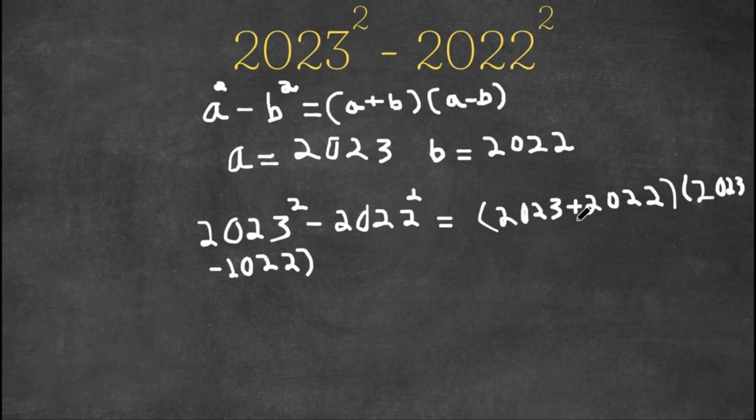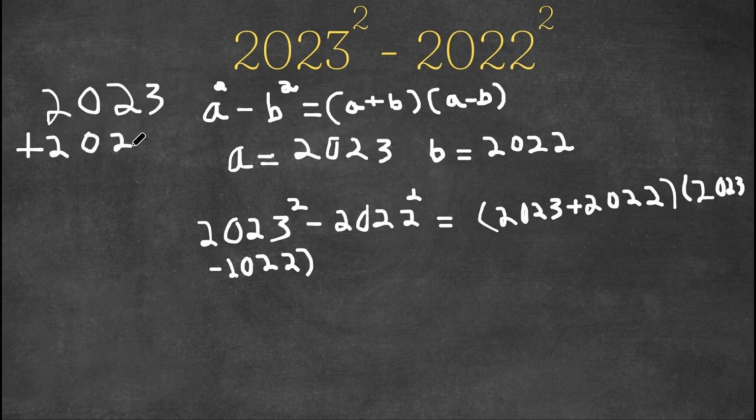Now let's first do 2023 plus 2022. So we have 3 plus 2, which is 5, 2 plus 2, which is 4, 0 plus 0, which is 0, and 2 plus 2, which is 4.